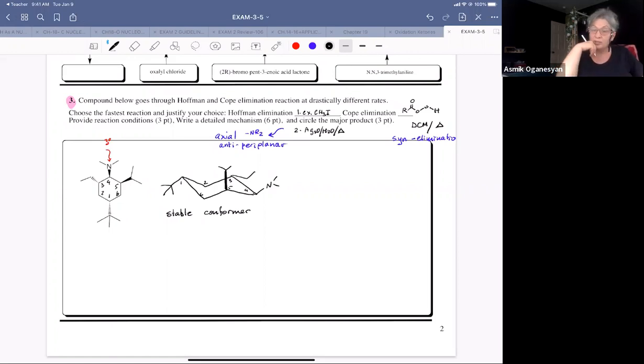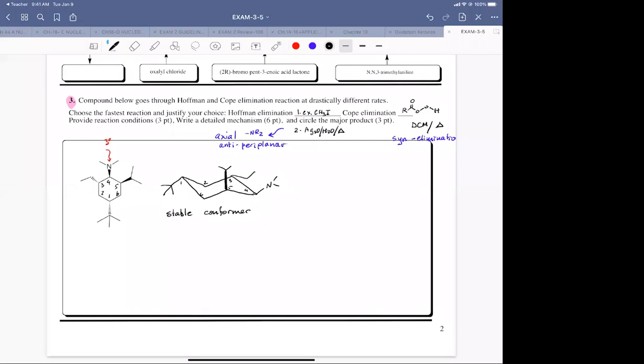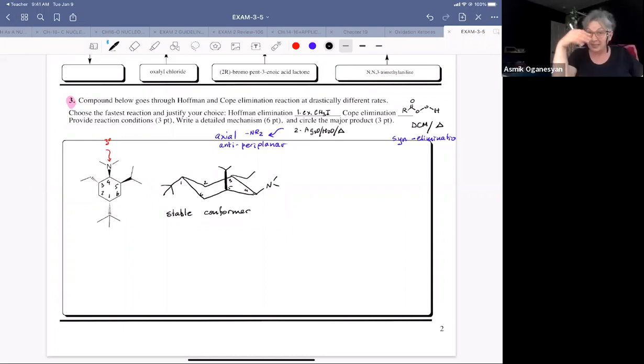Hofmann or Cope elimination reaction? Would it be the Cope elimination, since here in the most stable conformer, the amino group is not axial, it's equatorial. Indeed, so it is the fast reaction. So we're going to proceed with this one. We're going to leave Hofmann elimination out of the picture.